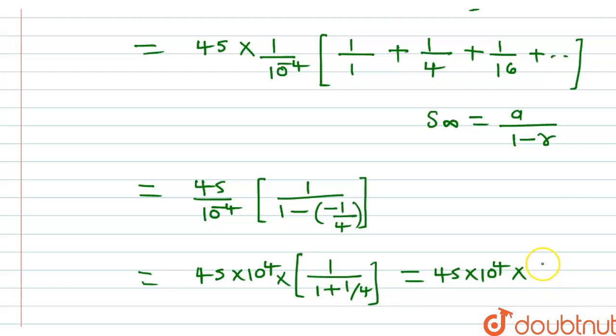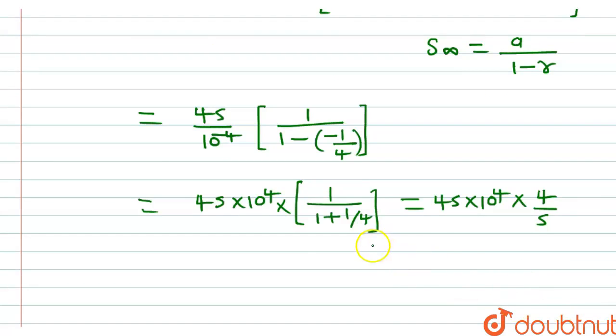So 1 upon 5 by 4 will be equal to 4 divided by 5. So here 5 into 9, 45, 9 into 4, 36. So our final answer is 36 into 10 raised to the power 4 Newton per Coulomb. This is the value of resultant electric field intensity.